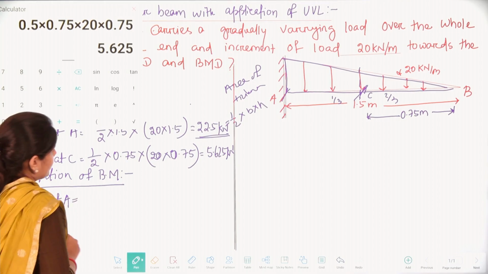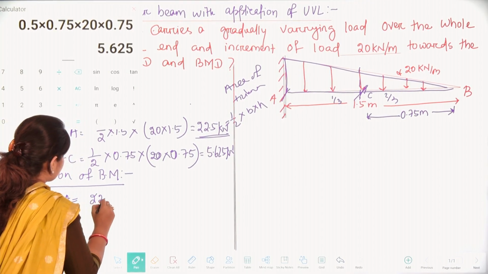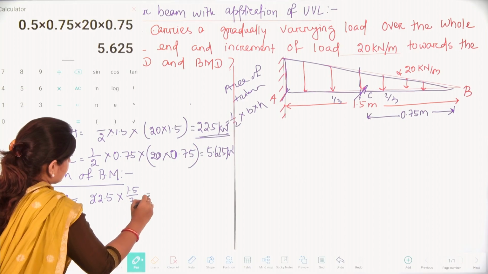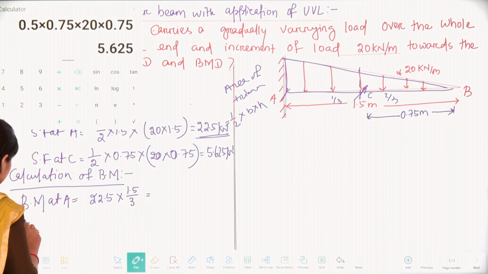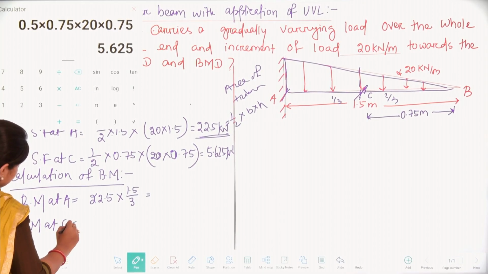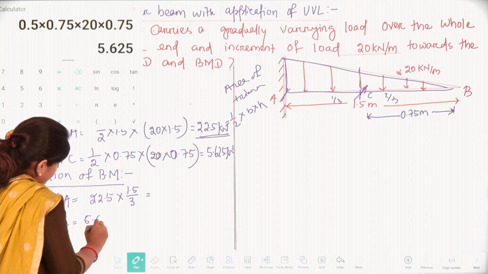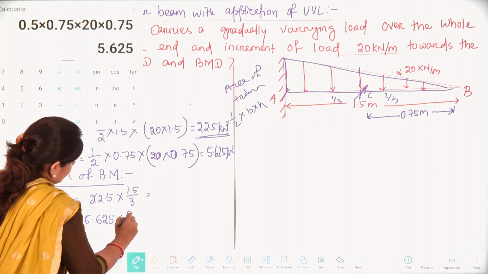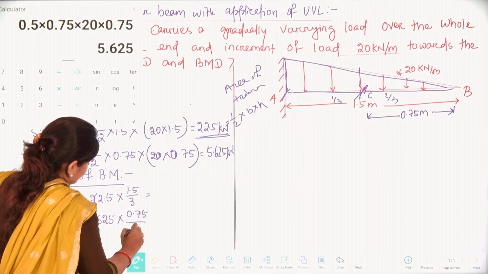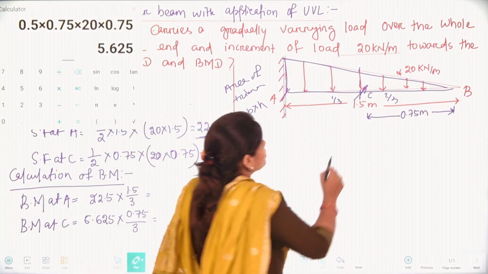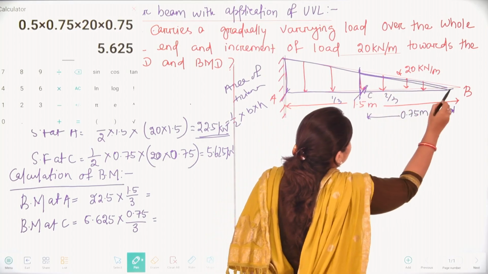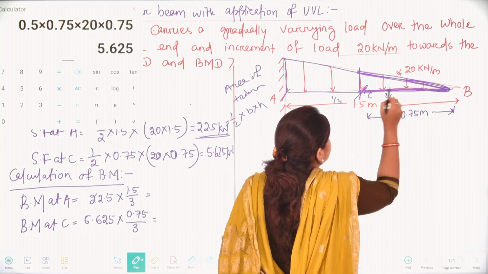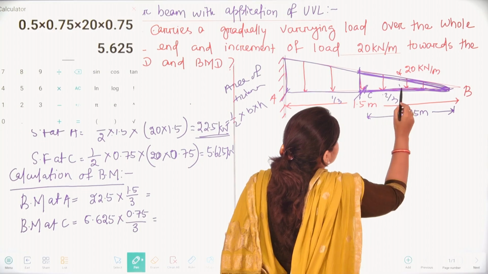Bending moment at A will be 22.5 multiplied with 1.5 by 3. Similarly, bending moment at C: 5.625 will be multiplied with 0.75 by 3, because at point C you have a small triangle, and the centroid of this small triangle will be up to here.